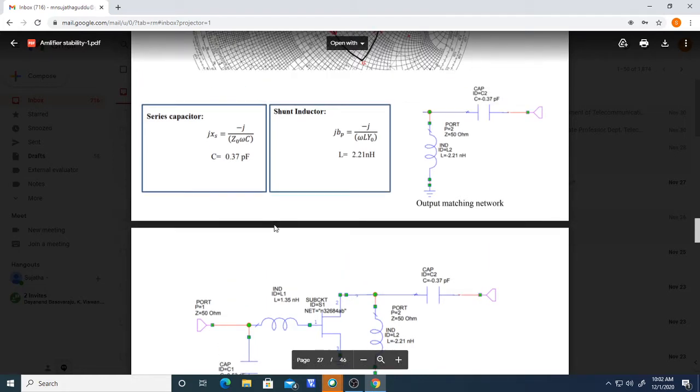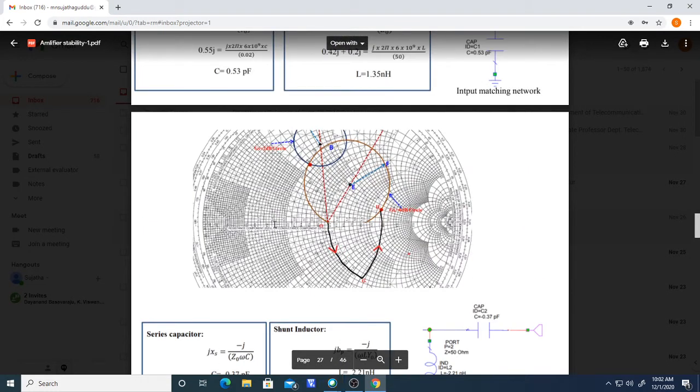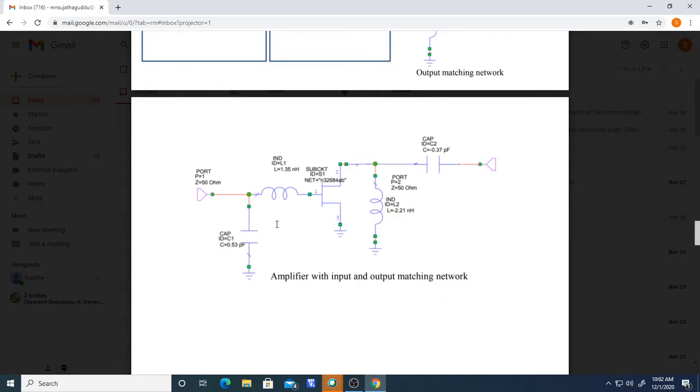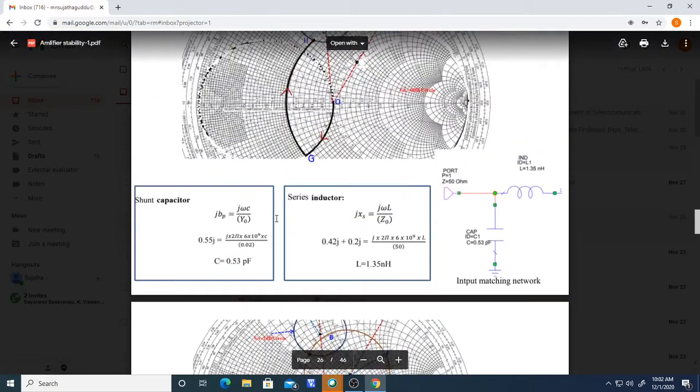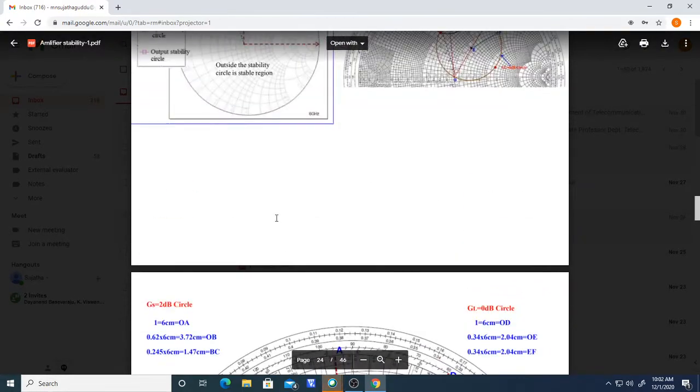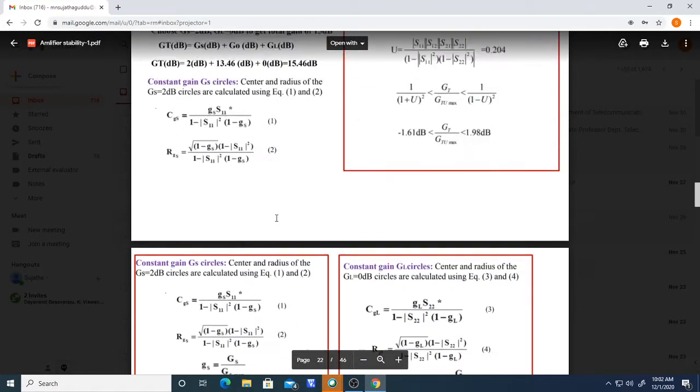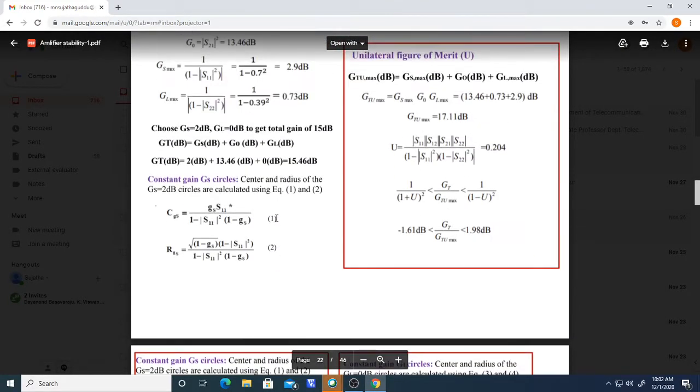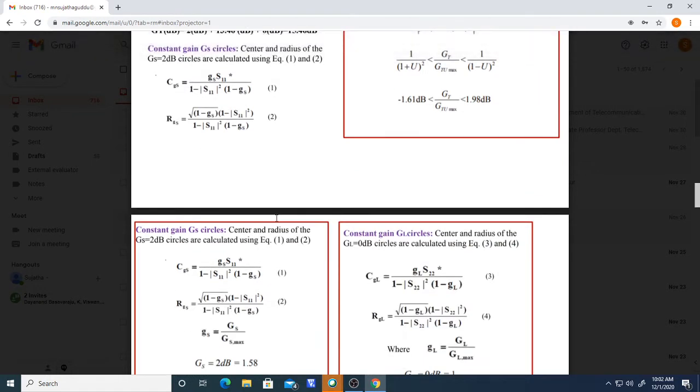Okay. In the previous class, we were discussing high gain amplifier design: for a given device, how to design a high gain amplifier. While designing the amplifier, as we know, at RF and microwave frequency, S parameters of the active device to be used to implement the amplifier will be provided, and the gain of the amplifier also will be asked.